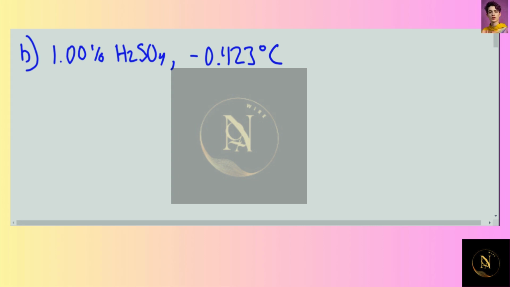So again, we can assume a certain mass. So we have 0.01 kilograms per 1 kilogram of water. So we have twice the mass we did in the previous example because we have twice the mass percent.